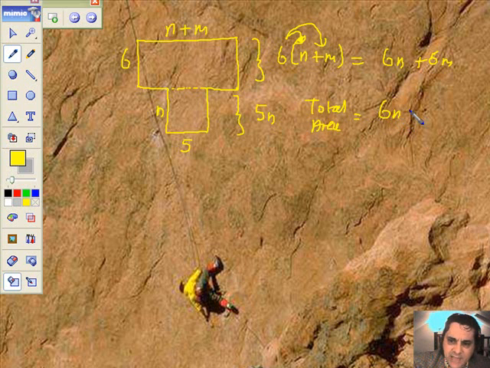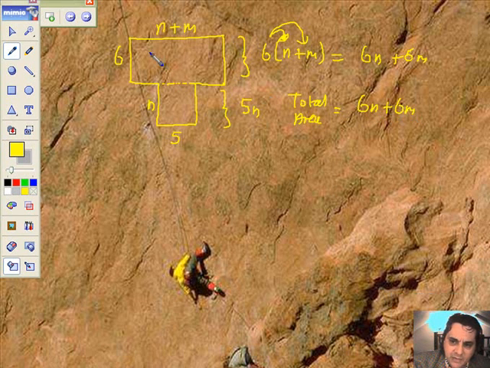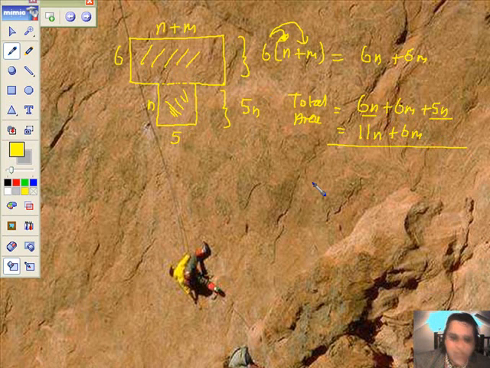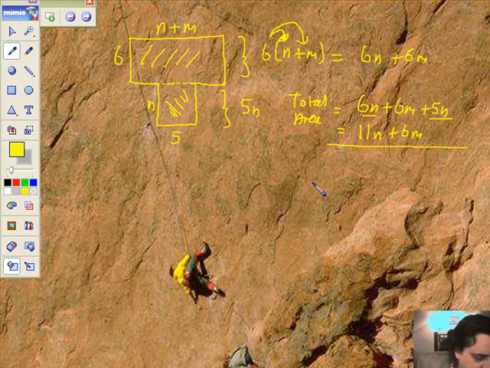It's going to be 6n plus 6m for the top part, and plus 5n for the bottom part, and that's the whole area accounted for. What have I got in total? I've got 6n, 5n, that's 11n's, plus the 6m's, and that's done. That's easy. I think I'll do question D.